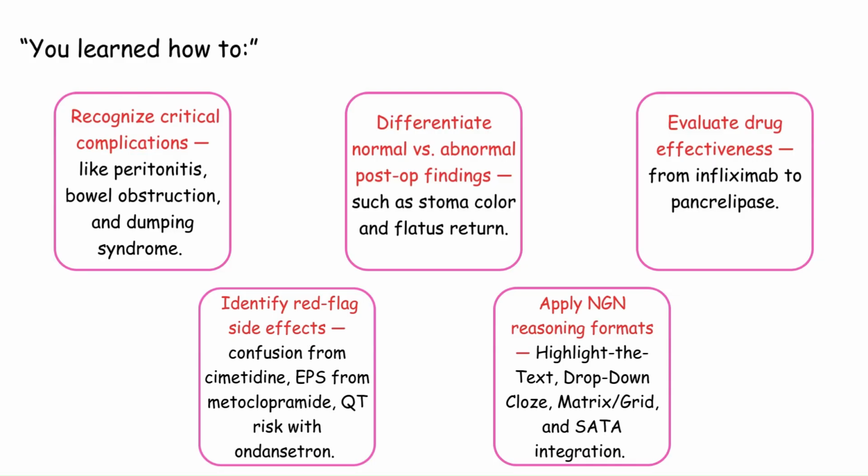How to evaluate whether GI medications are working or failing, from infliximab to pancreolipase. How to identify dangerous adverse effects like cimetidine-induced confusion or metoclopramide-related EPS. And how to apply full NGN logic using highlight, drop-down, matrix, SAT, and ordered response items.